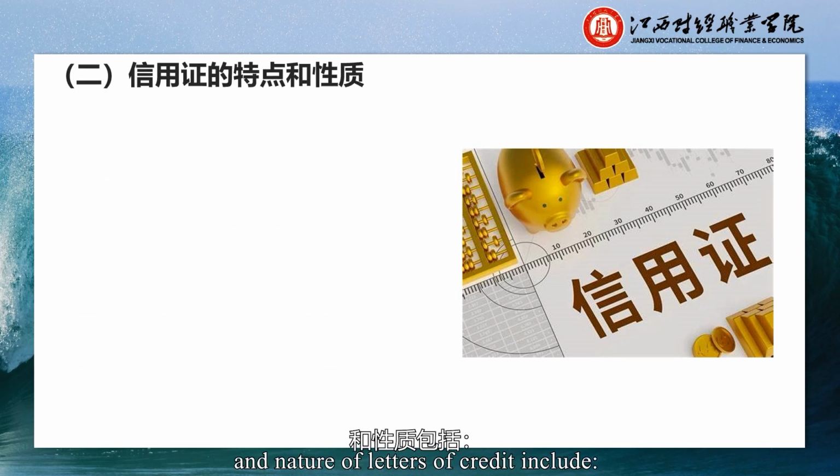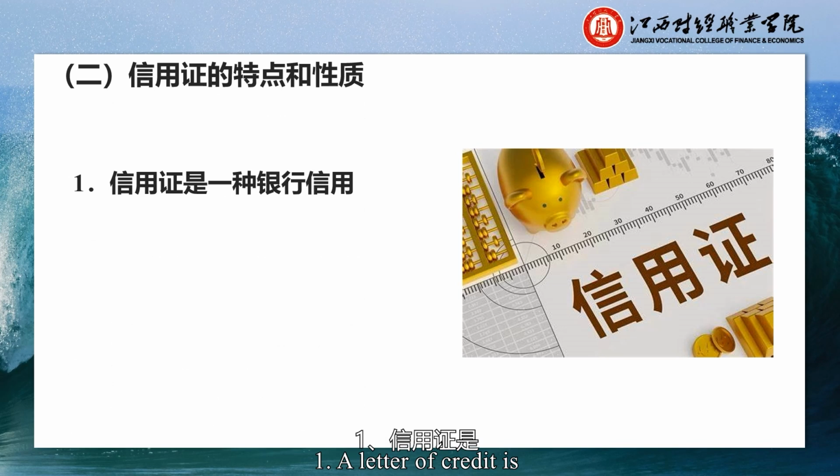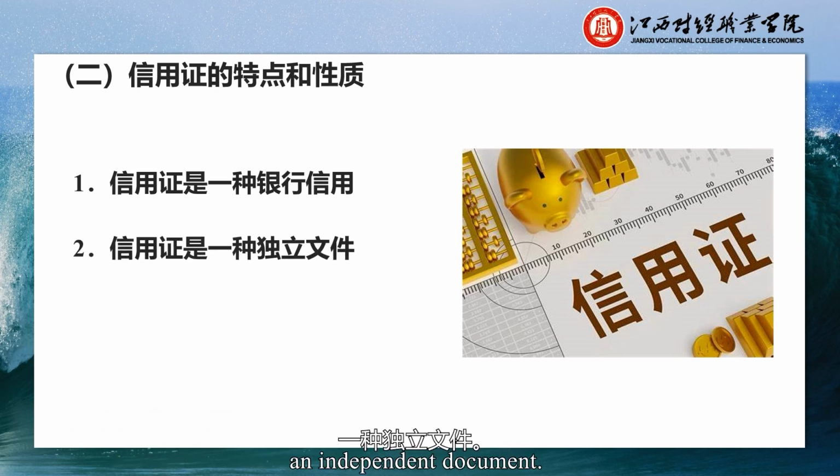The characteristics and nature of letters of credit include: first, a letter of credit is a form of bank credit. A letter of credit is an assurance of payment made by the issuing bank on its own credit, meaning that, subject to compliance with the terms of the letter of credit, the issuing bank assumes the primary liability for payment. Second, a letter of credit is an independent document.